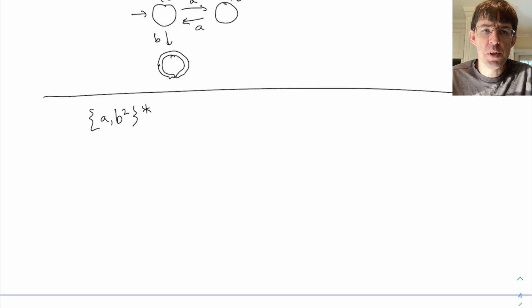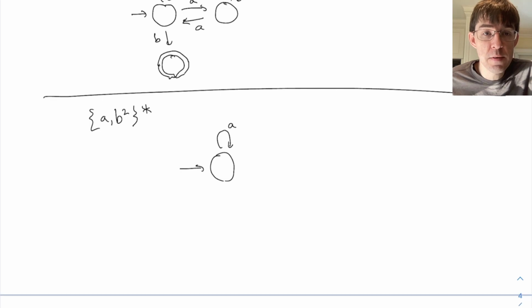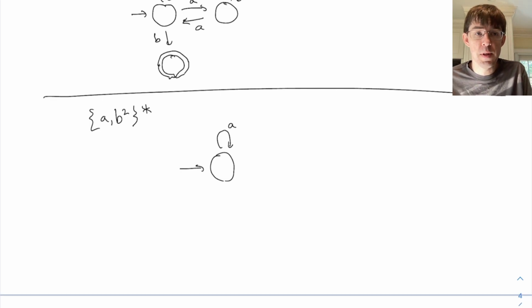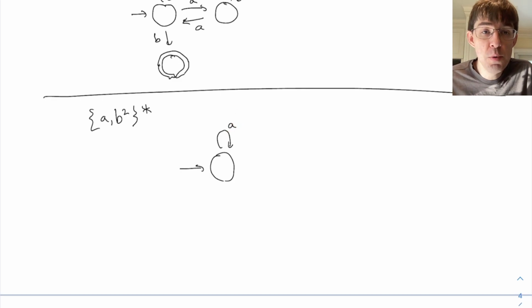You're not allowed to have just a single B all by itself. It has to be 2 B's at a time. The way that I would think that through is something like, I can start off, you can always do as many A's as you like. So this is the way that I would begin. You cannot also do whatever B's you like because B's have to come 2 at a time.